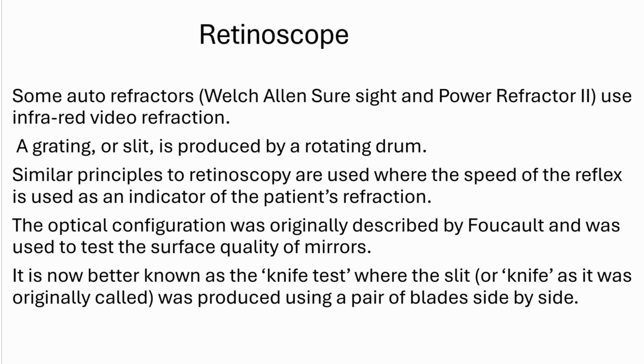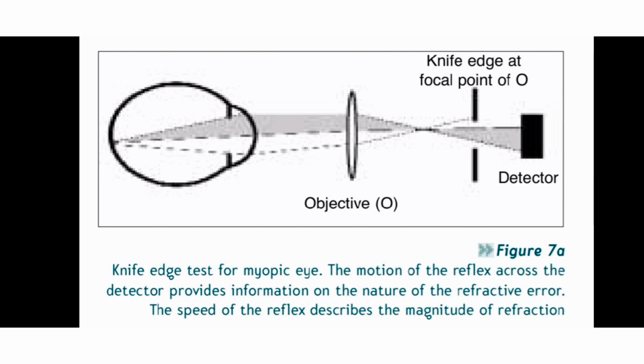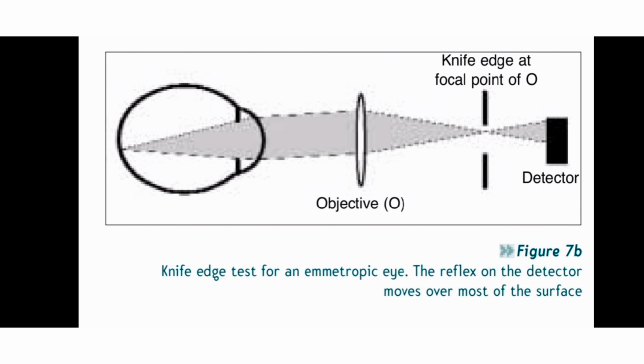The optical configuration was originally described by Foucault and was used to test the surface quality of mirrors. It is now better known as the knife test, where the slit, or knife as it was originally called, was produced using a pair of blades side by side. The basic optical construction is shown in this picture.